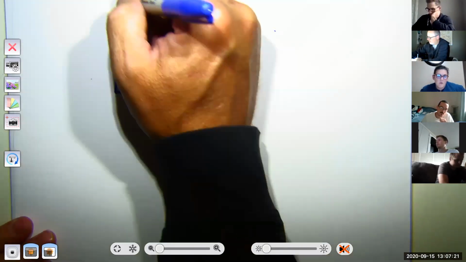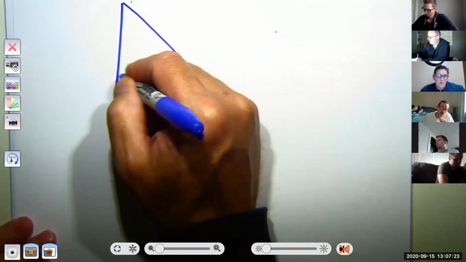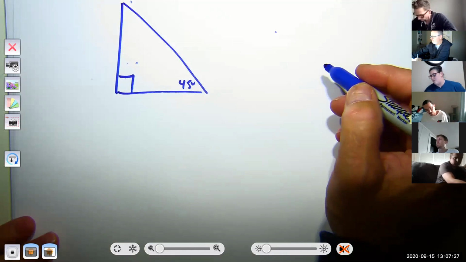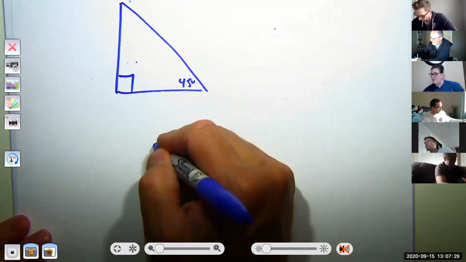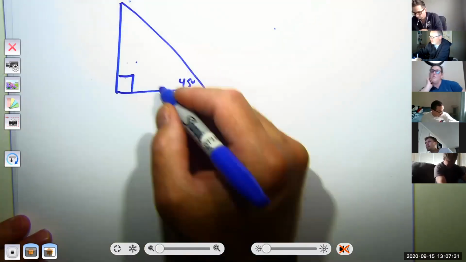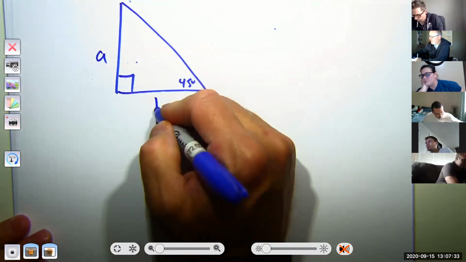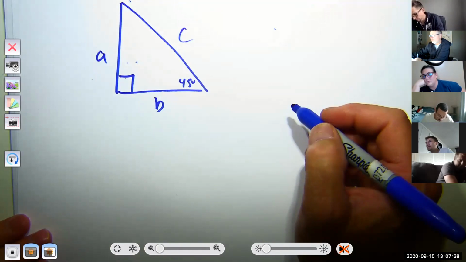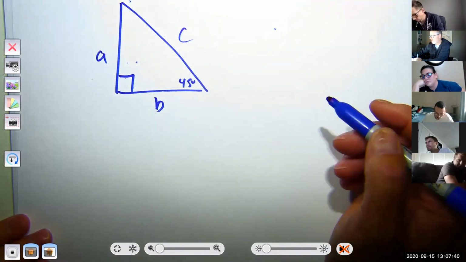Now, in a 45-degree right angle triangle, if the run and rise are the same, so if A and B are the same, then C would have to equal something, and we could determine this.